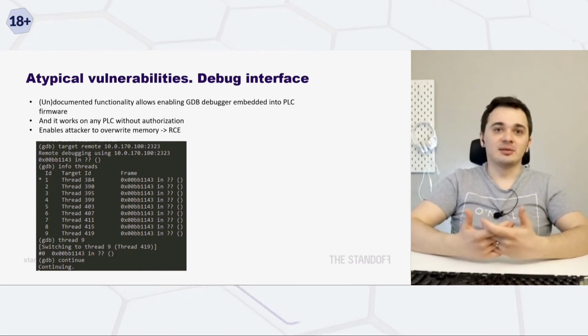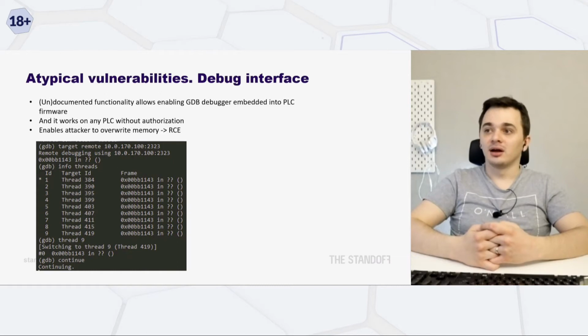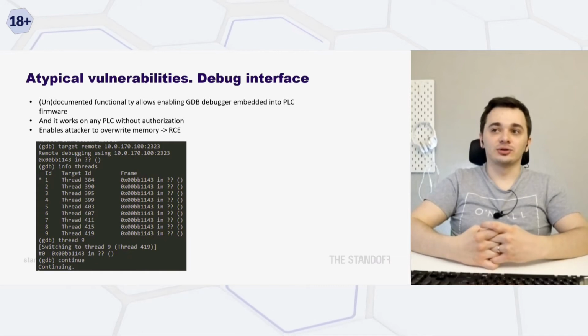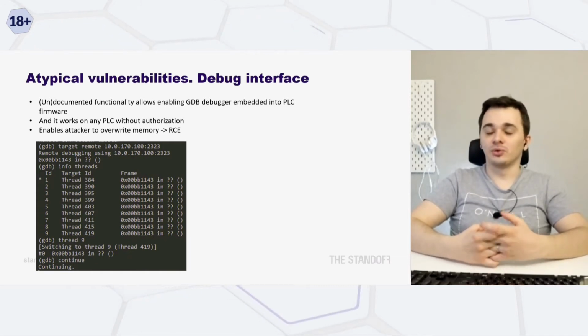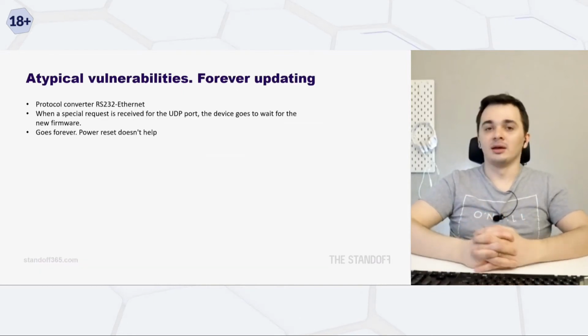In traditional operating systems, you cannot really rewrite memory of one process from another. This was no problem here. Memory rewrite was totally uninhibited there, simply because there was no division, so to speak, of memory. And also, this enabled remote code execution.